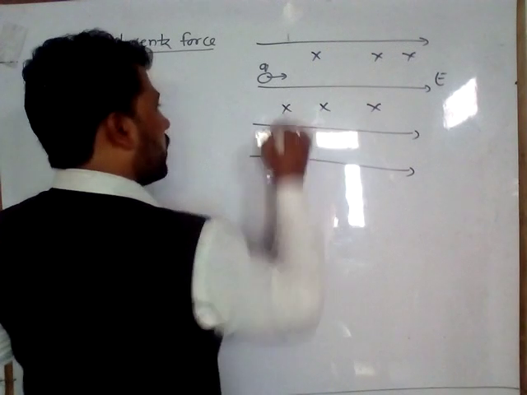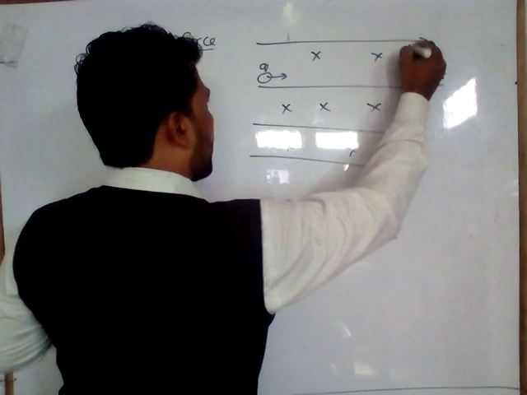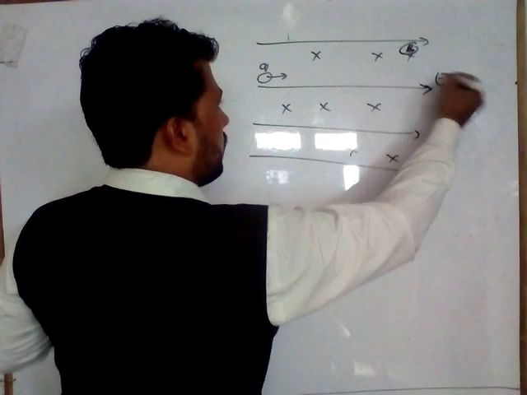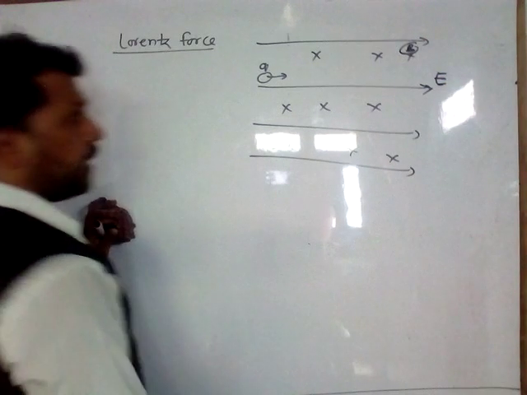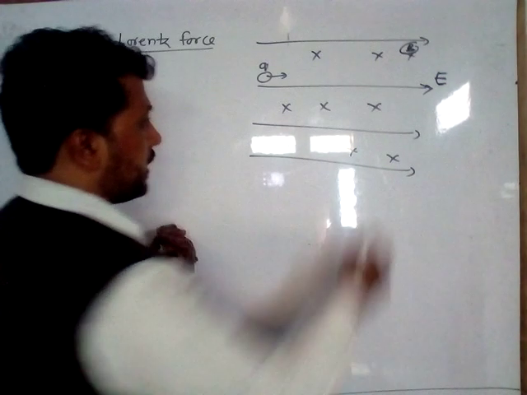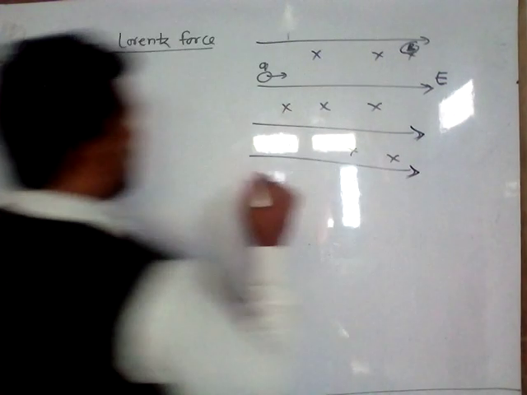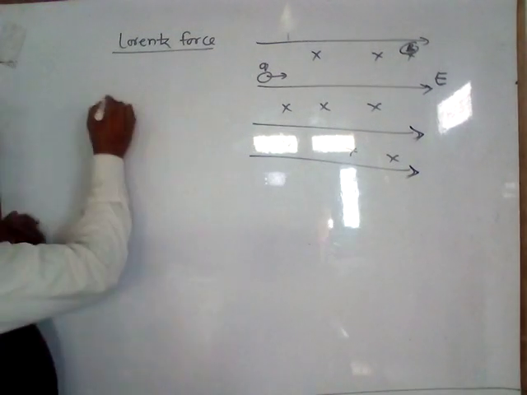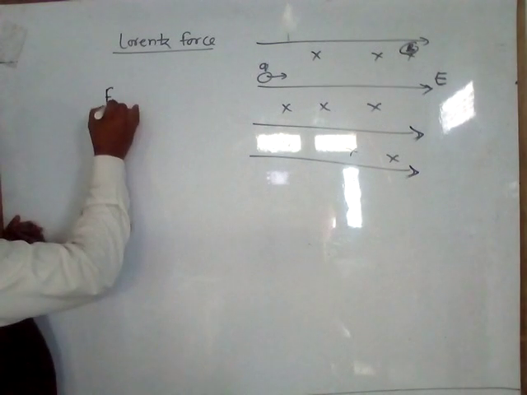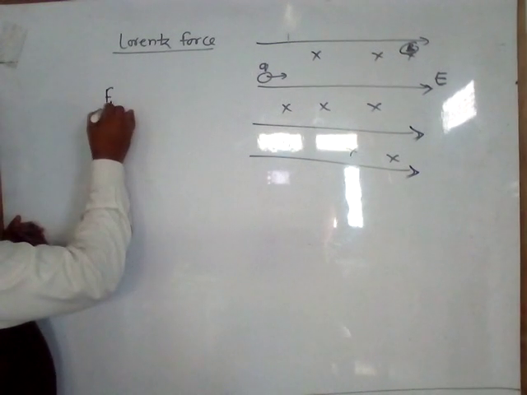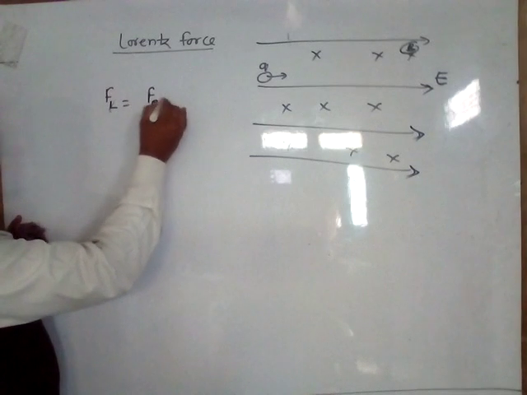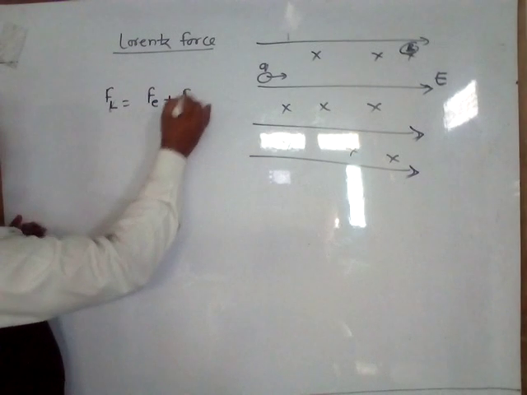The cross symbol represents the direction of magnetic field, and the arrow represents the electric field, and both are perpendicular to each other.